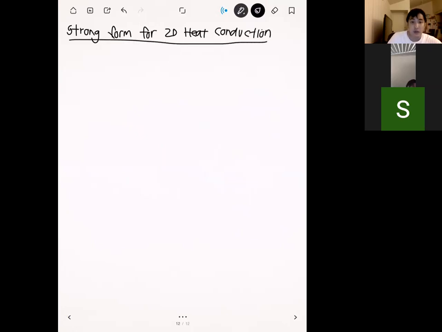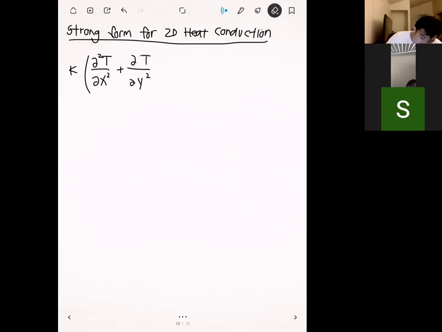I'm not going to derive this equation because you probably already did it in a previous heat transfer class. But the equation looks like this. We have K, and K right here is our thermal conductivity. To that, we're going to multiply partial squared T partial X squared, plus partial squared T partial Y squared.